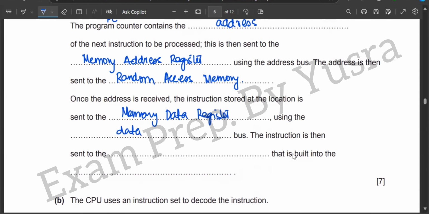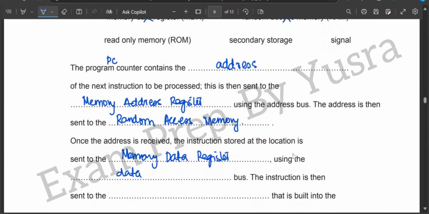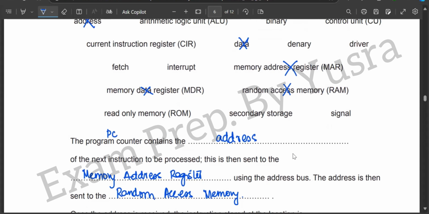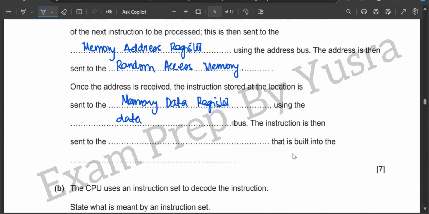The instruction is then sent to the dash that is built into the dash. Then we know that the address is sent to the current instruction register to be decoded. That is built into the control unit.